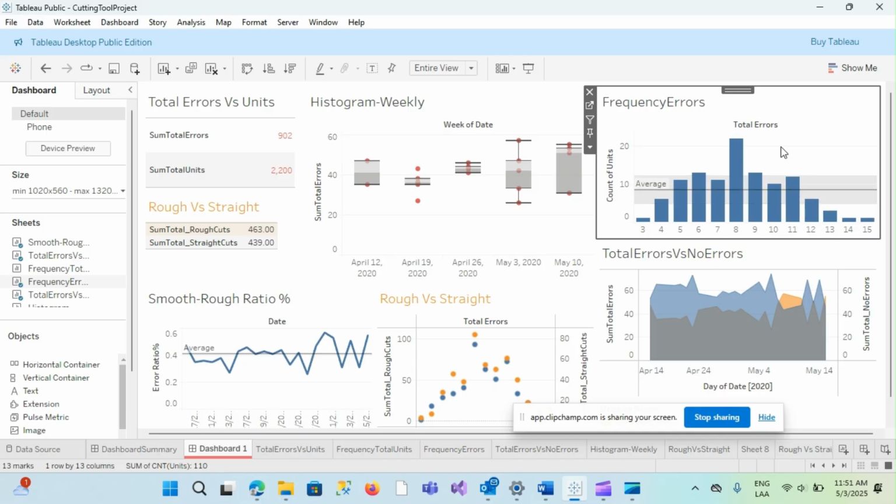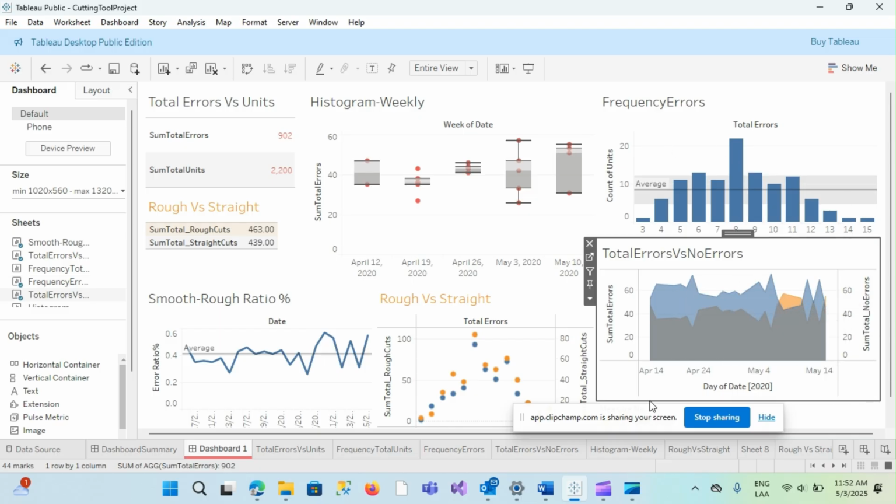So out of 20 errors, 8.46 is the average per day per batch. We can see that also here in the graph. So you can notice that only in this part, kind of between May 4th and May 14th.